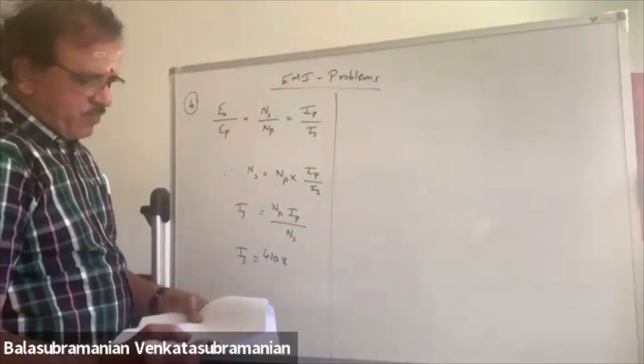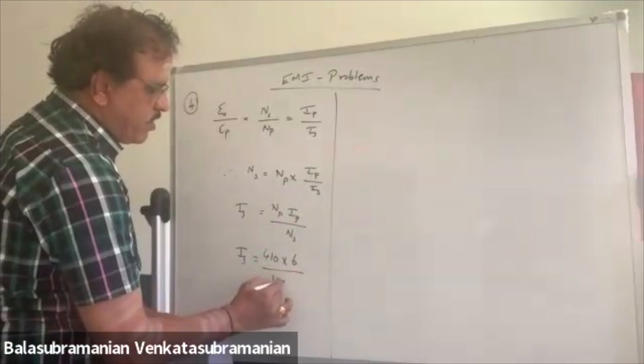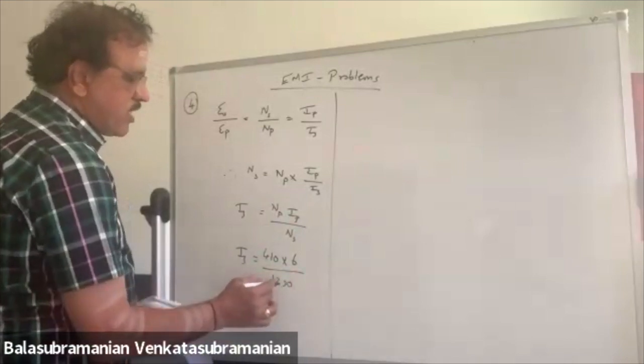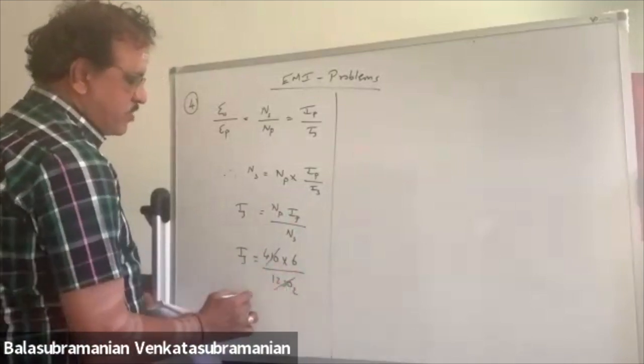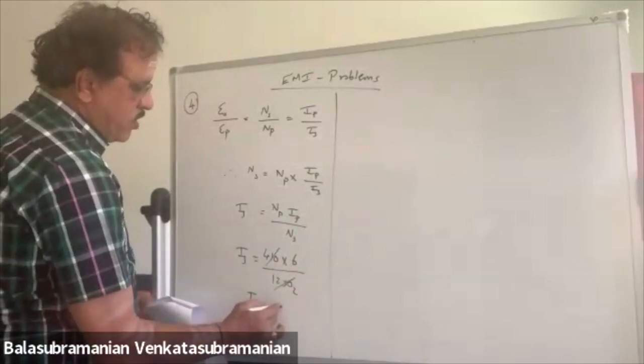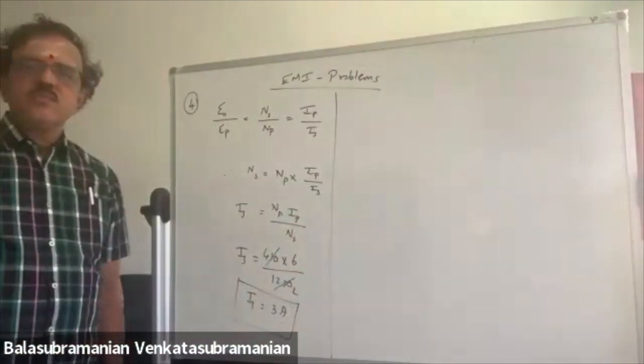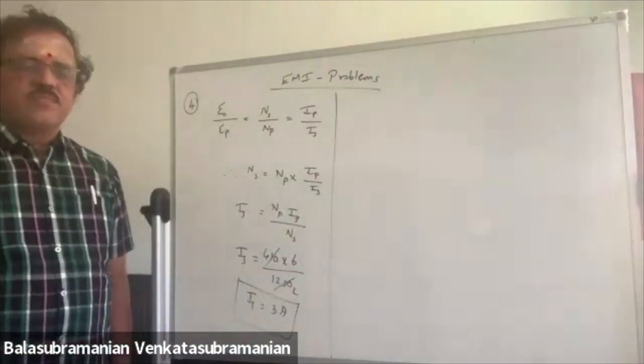Primary current is 6 ampere. Secondary number of turns is 1230. Cancel 2 times. So IS is equal to 6 by 2, 3 ampere. 3 ampere.